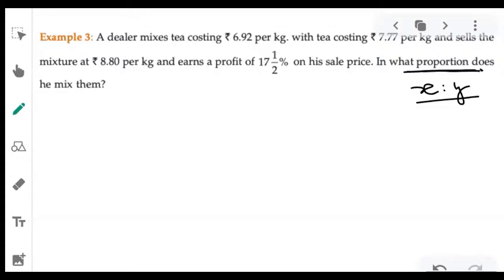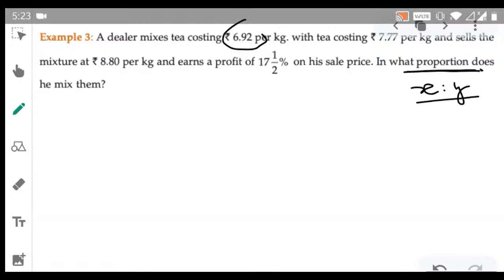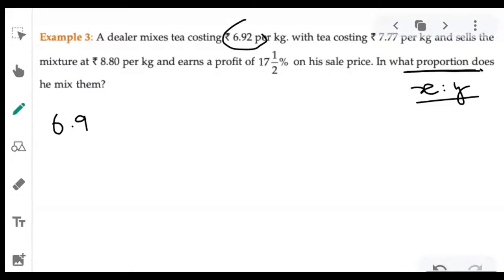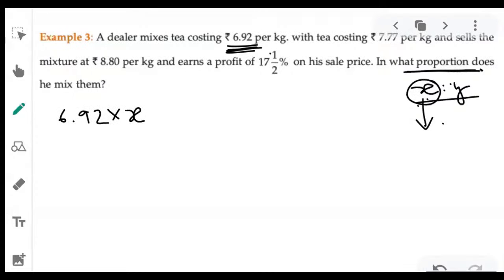So what is the condition that he gave me? He is taking the first type of tea, x, which costs 6.92 per kg. So what is the cost if in proportions I am taking x grams of first one? How much cost is it? 6.92 into x. I'm talking about cost price simply. Cost price of making that tea.